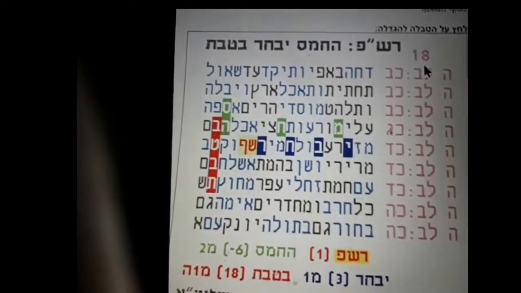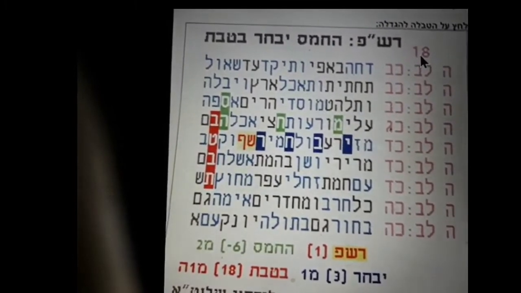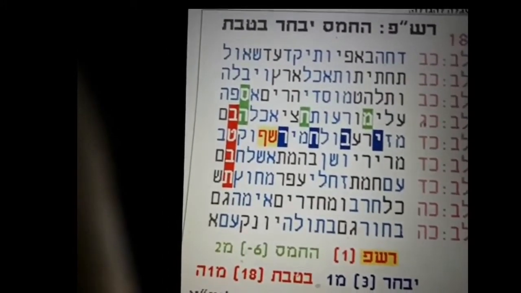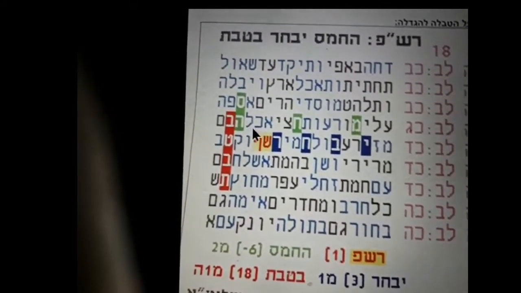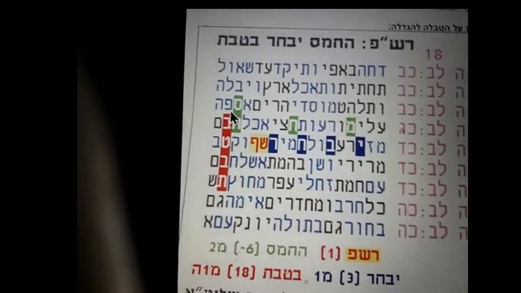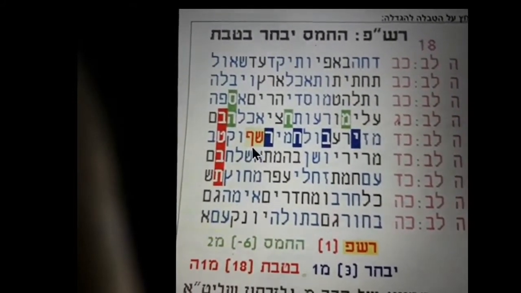The first thing, you can see it is in very small skip, 18 letters only. Now what you have here, a Hamas in green. A Hamas, every 6 letters. Yibacher will be elected to the Palestinian Authority B'Tevet.